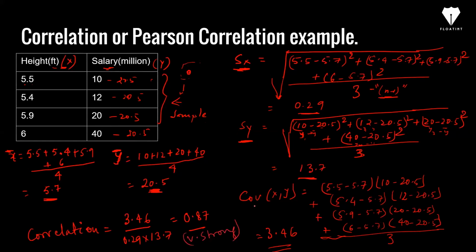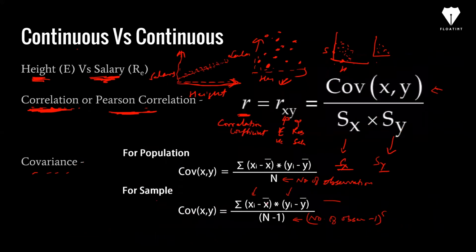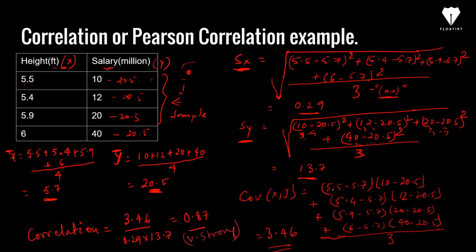Next you have to calculate the covariance. For covariance you have that formula. If I go back and show you quickly, it is x1 minus x bar times y1 minus y bar. That is what I am doing. X1 is 5.5, minus 5.7, and then 10 minus 20.5.